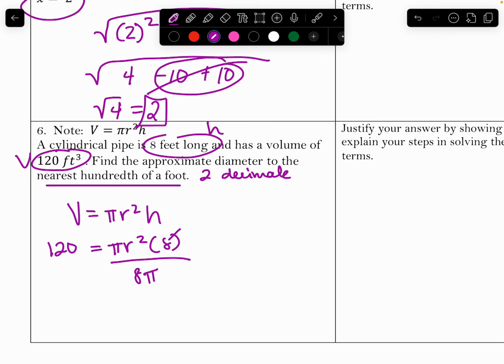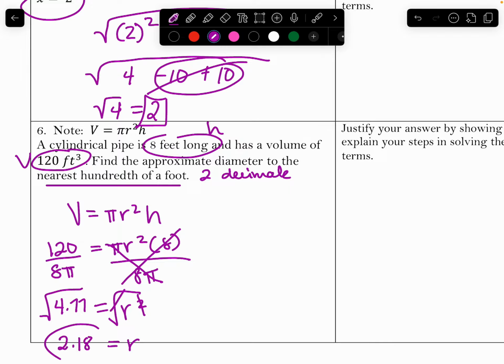We divide by 8 pi to cancel out, because you want to isolate r squared. So then we get r squared equals, I believe this was 4.77. Let me double check. 8 pi, where's pi? There we go. Yeah, 4.77. And then square root both sides. So if I square root this, we get r equals 2.18, but we are looking for the diameter.